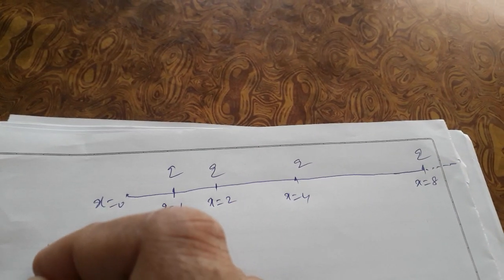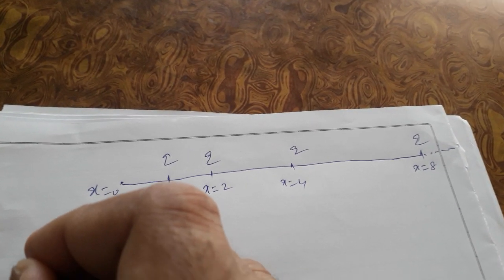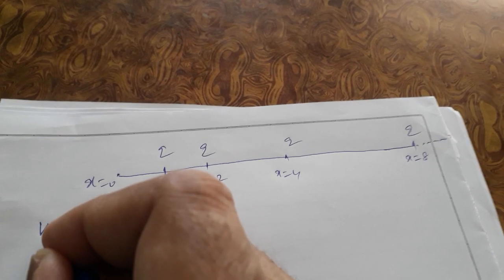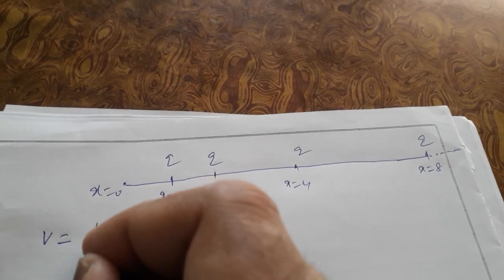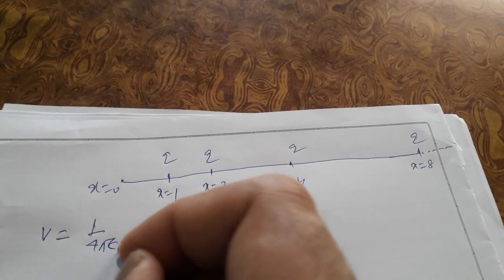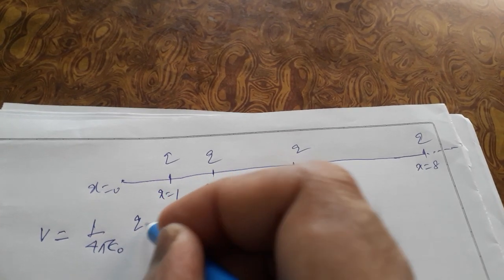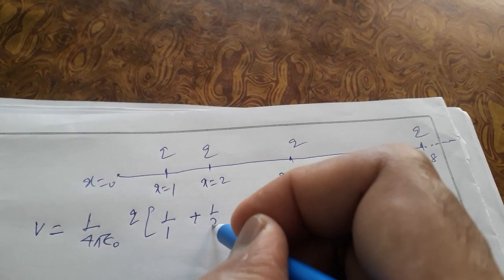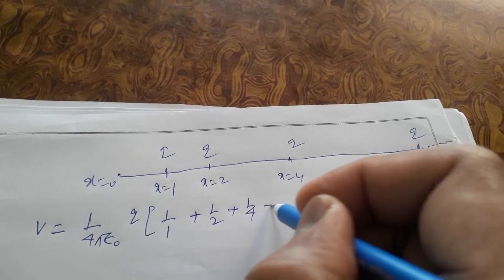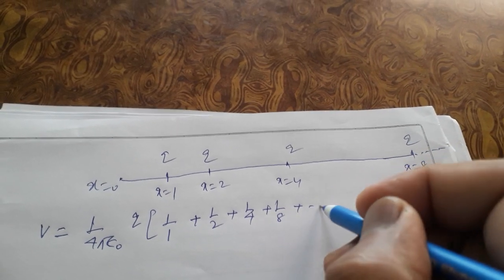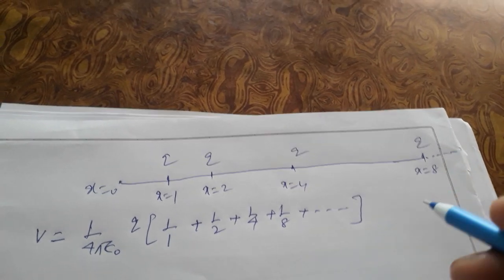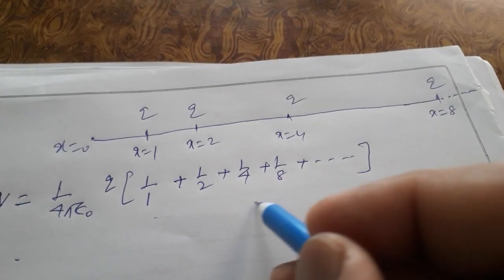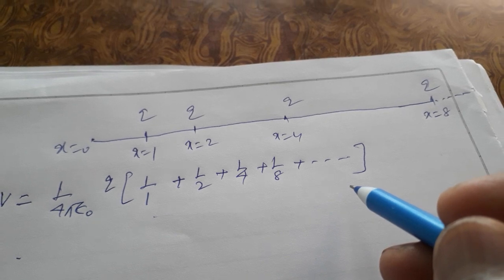For calculating potential, we can write V equal to 1 by 4 pi epsilon naught q into 1 by 1 plus 1 by 2 plus 1 by 4 plus 1 by 8 plus dot dot dot. This is the sum to infinite GP series.